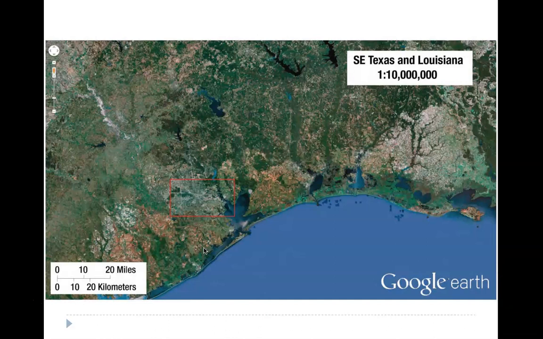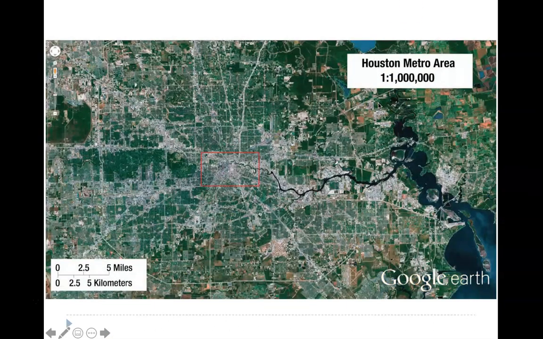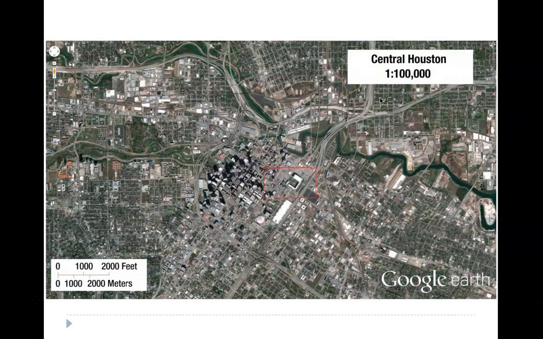All right, so here we go. We have a small scale map of Texas and Louisiana. Note the ratio, 1 to 10 million. All right. Now we have the Houston metro area. Okay. Again, note the ratio, 1 to 1 million. So this is 10 times larger. Okay. We see central Houston at 1 to 100,000.